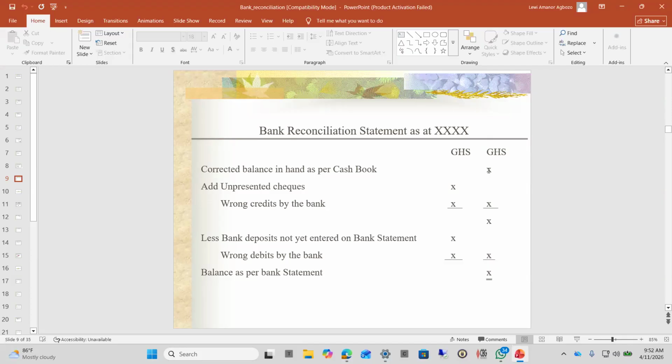So if you want your 2 balances to be the same, you add back to the cash what the person did not go for but which you have deducted from your cash book, and it will give you what is at the bank. Is that okay? Yes, sir. Good. And then you also add all wrong credits.